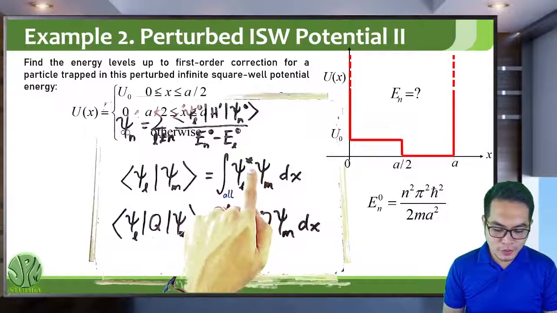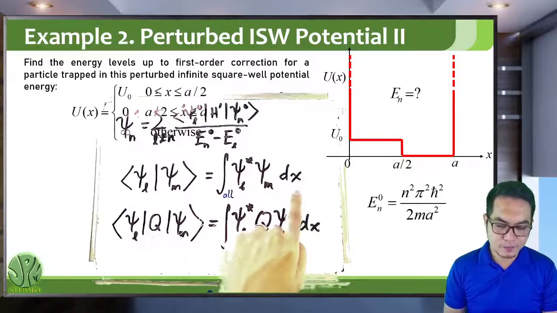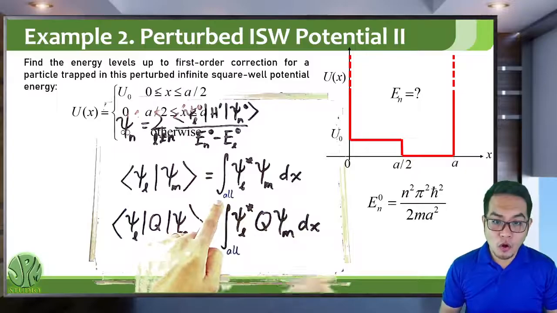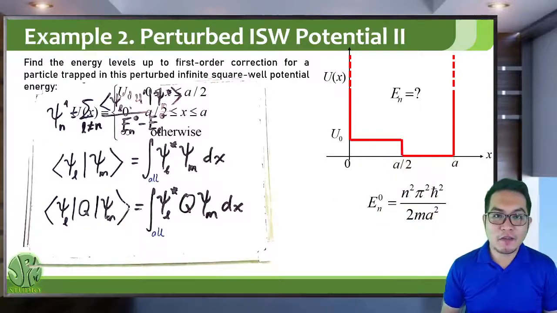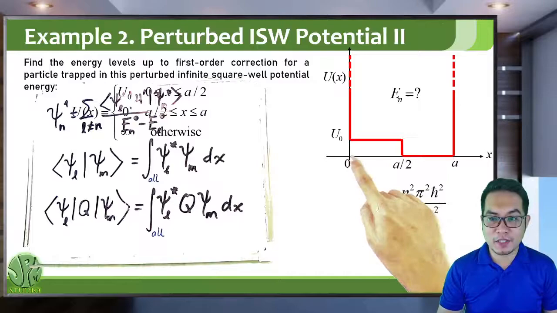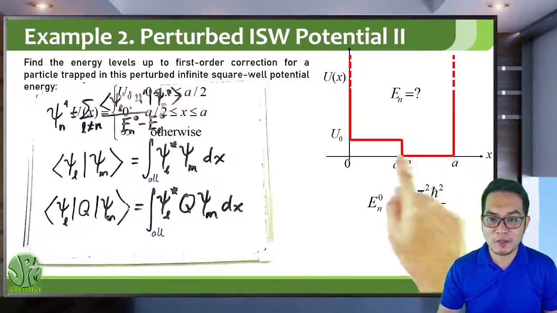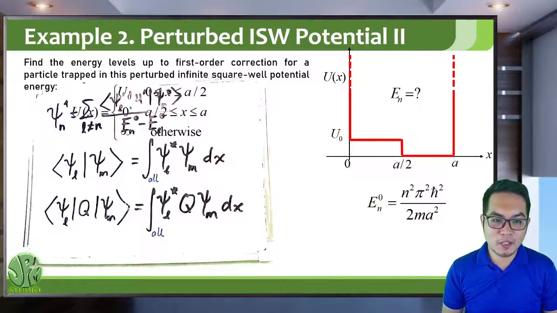You have ψ_L conjugate, the function in the bra is conjugated, and then ψ_M dx, integrated over all possible values of x. In a usual infinite square well, the limits are from 0 to a, because the wave function is only defined from 0 to a. Beyond a, the wave function is 0. There's no probability of the particle being there, so ψ is 0. Same with below 0. So the limit will just be from 0 to a.